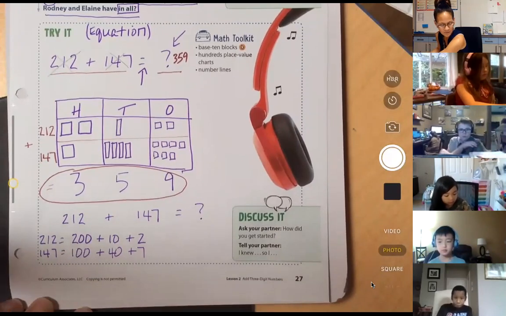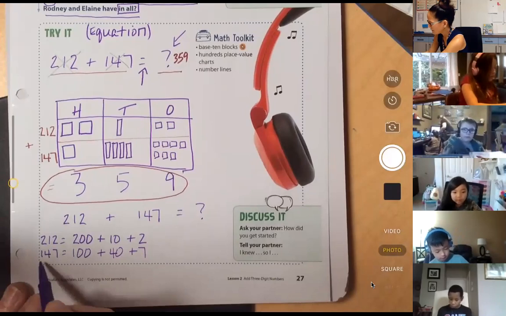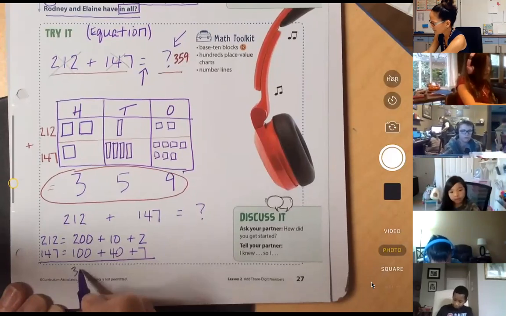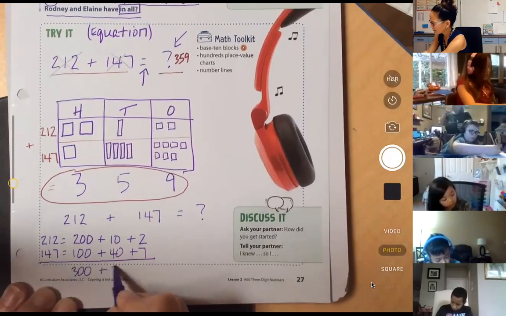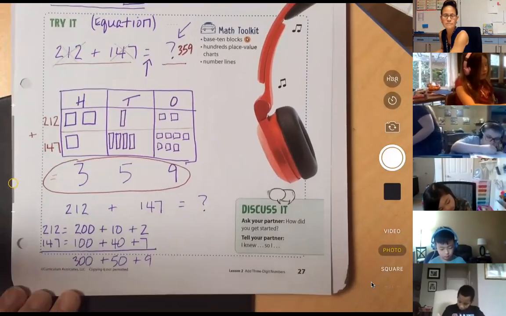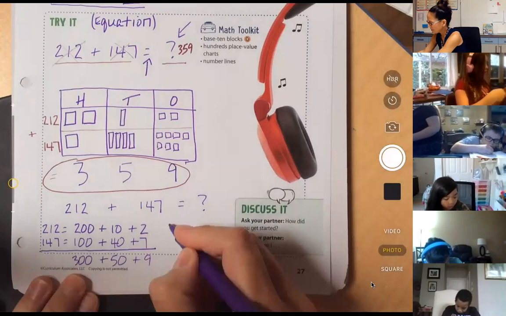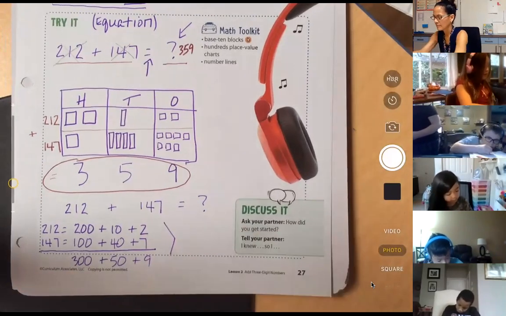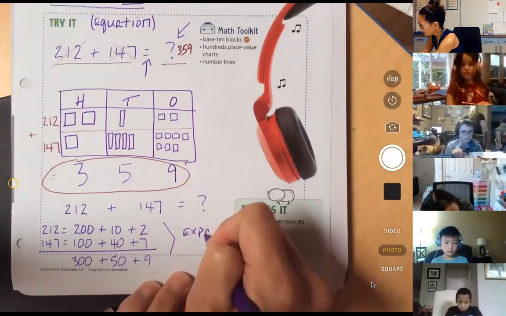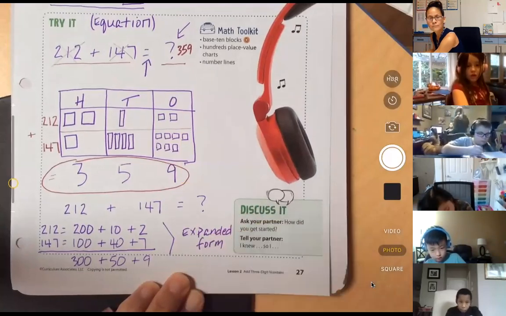And then what do we do with all of these? Absolutely, we add them together. So if we do that, we can see that we have 300 plus 50 plus 9. We are simply breaking these numbers apart, and we are calling this expanded form.